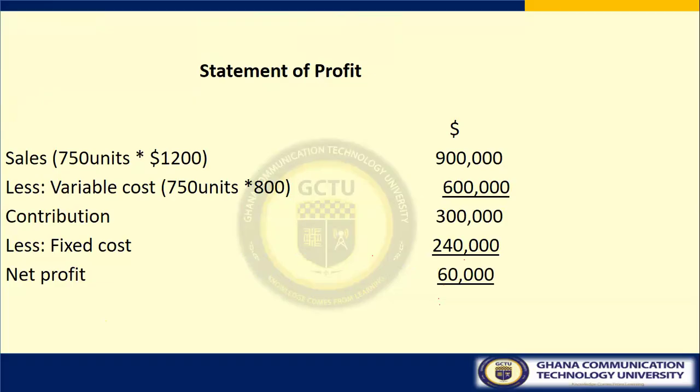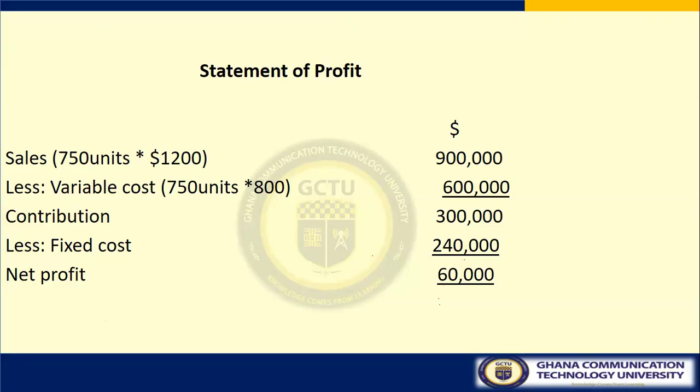If you want to reach a profit of 60,000, then we less our variable cost. The 750 units we want to sell, and the variable cost is 800, so 800 times 750 gives 600,000. Less 600,000 from 900,000, you get 300,000 as your contribution.